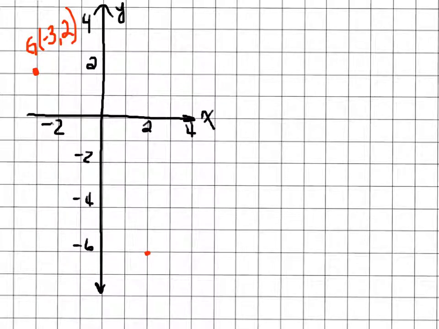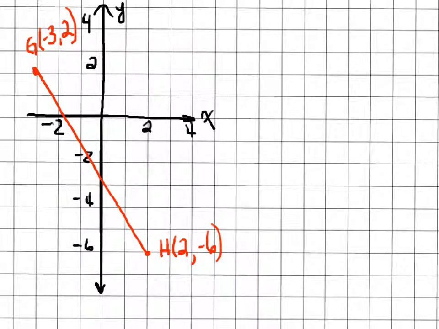And that will be H, 2, -6. And I will attempt to connect these in as straight a line as possible. We'll just erase that a little bit. There we go. And we will go through the midpoint formula.